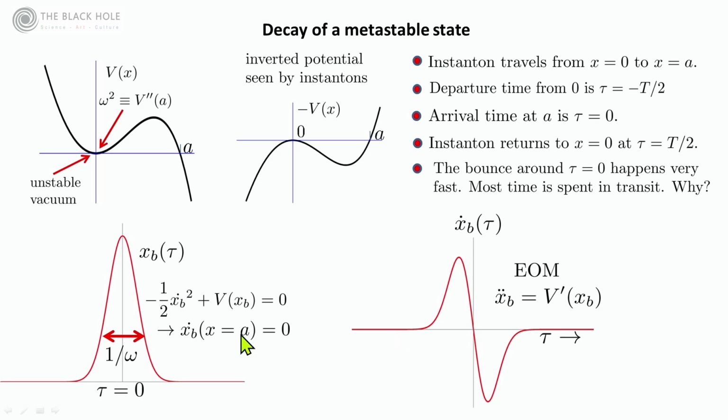So let's just differentiate this over here, xb dot. We haven't specified a V, this is general, but we can get the general outlines of the solution. So if you differentiate xb of tau, then this is what it'll look like.